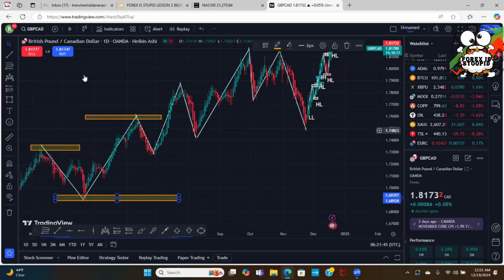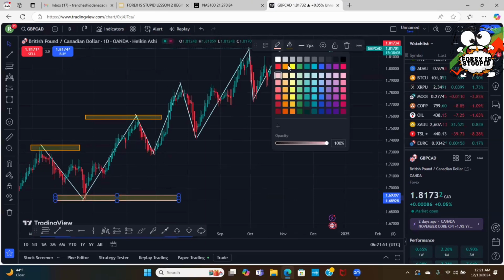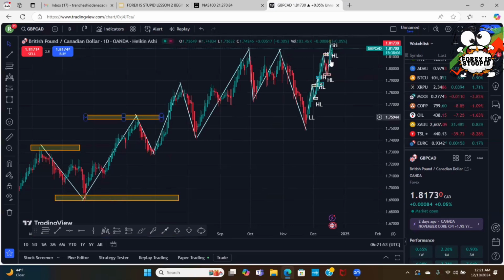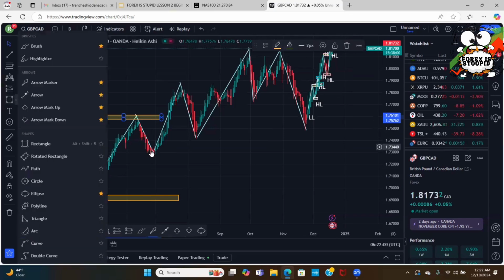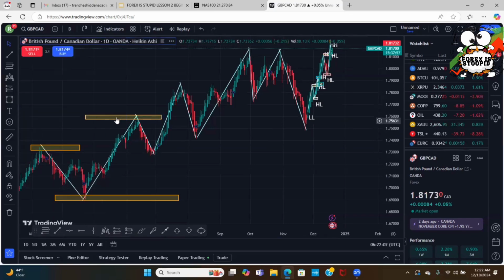Change the color, previous high. I know I'm repeating myself, but I just want to make sure you got it. Previous low.